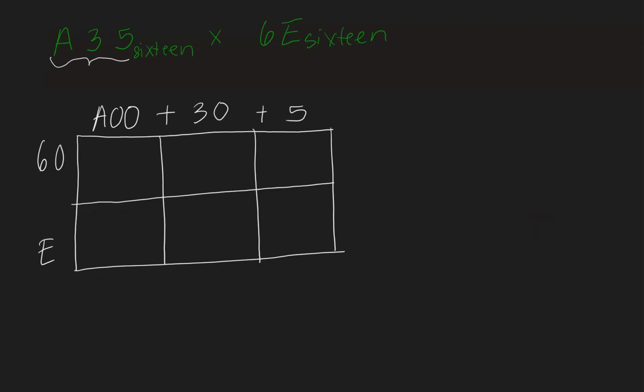Because you can see here that this will have 1, 2, 3, 0. And the question is, what is A times 6, right? So that would be 6 copies of A. 6 times A is A plus A plus A plus A, and there are 6 copies.